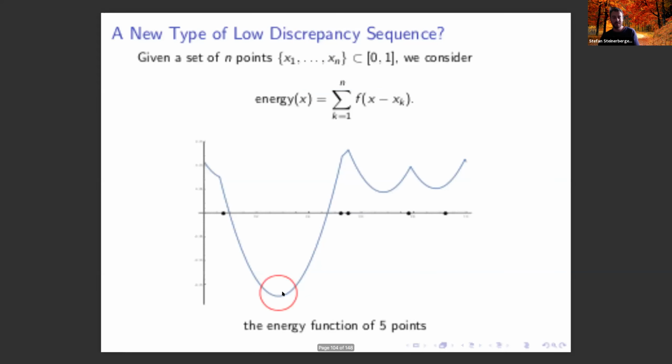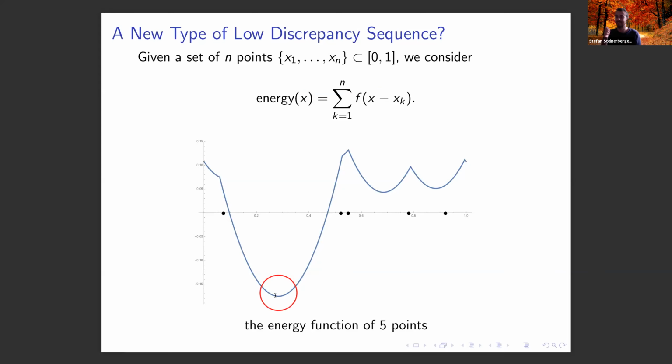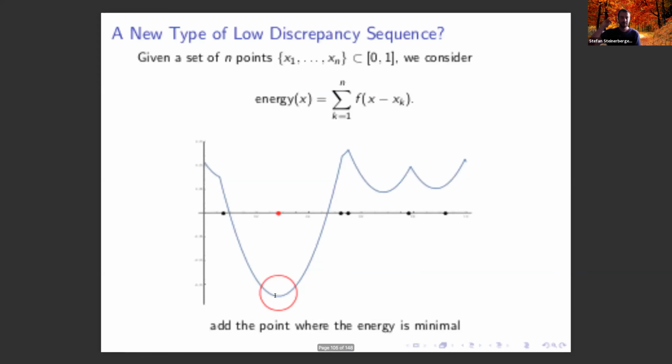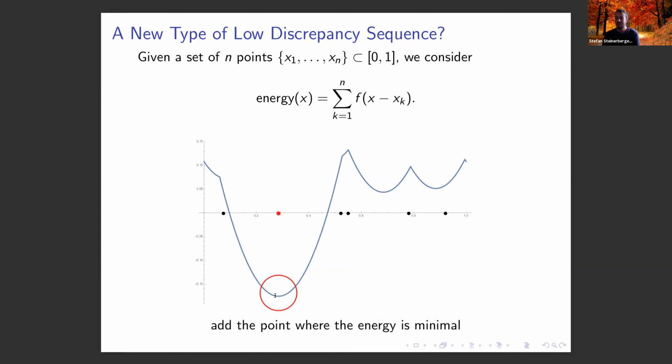So let's find the minimum of this function. It's less than 0, because the mean value is 0. The minimal value means the sum's not going to go up a lot. So you're at the point where the energy is minimal.